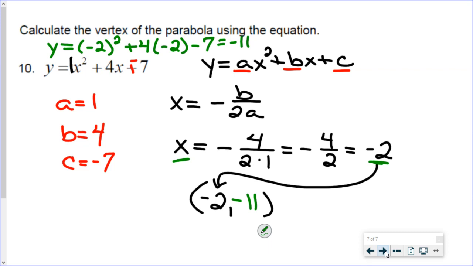That's how you find the vertex. You find the axis of symmetry, substitute that into your equation for y, and that is your x and y. Okay, give them a try. Let me know if you have problems. Check with each other and ask some questions. Have a great day.